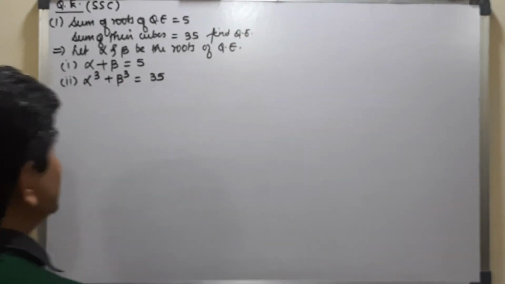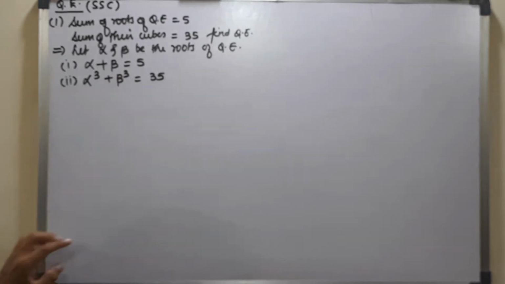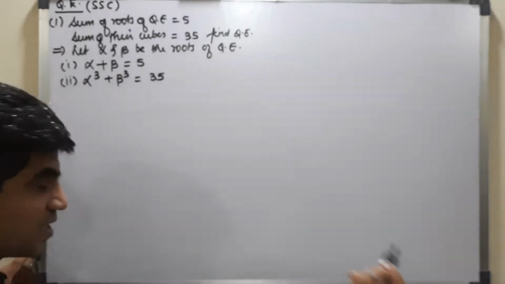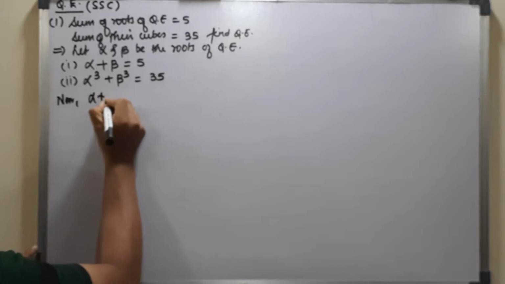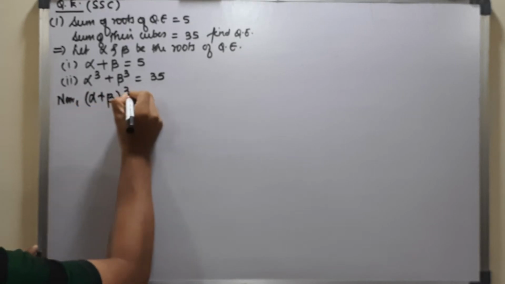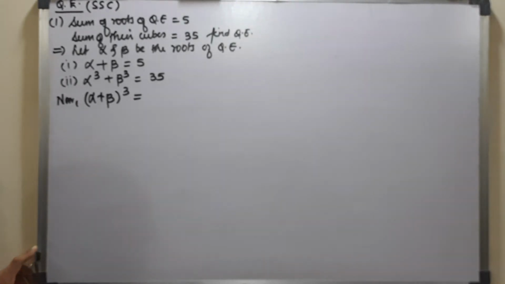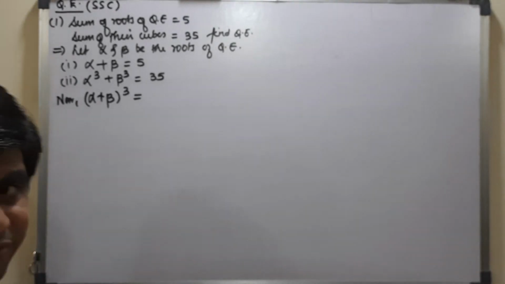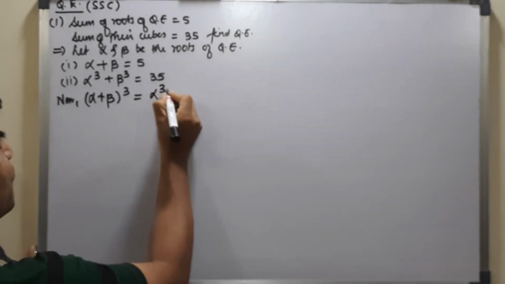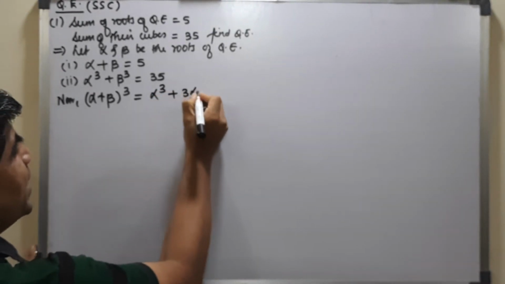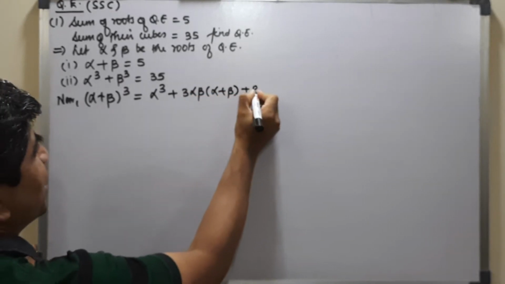I will find the product of roots from the a cube plus b cube identity, which we have discussed earlier also. We know alpha plus beta the whole cube is alpha cube plus beta cube plus 3 alpha beta into alpha plus beta.